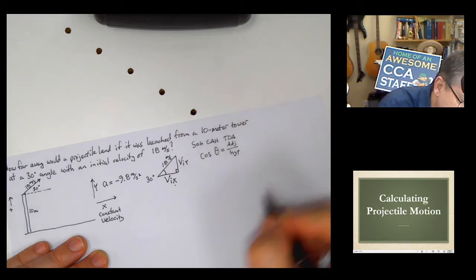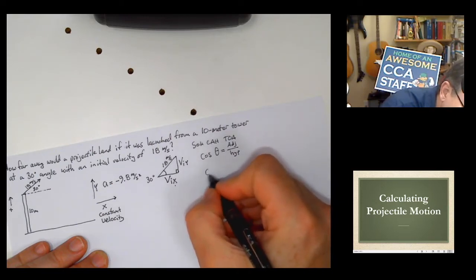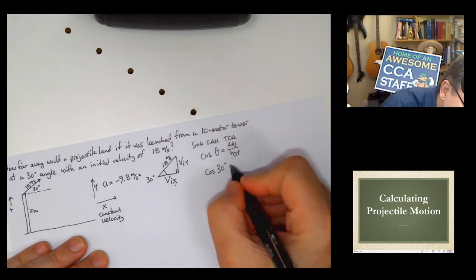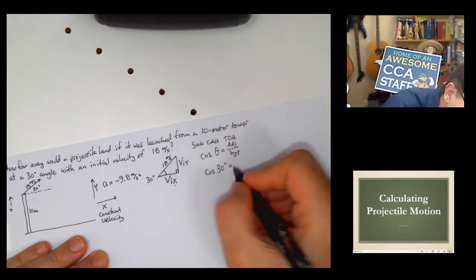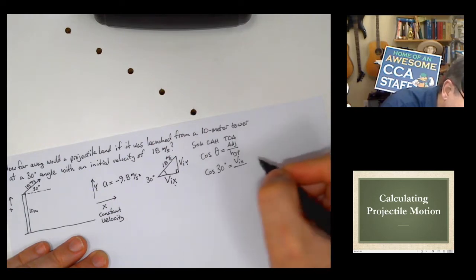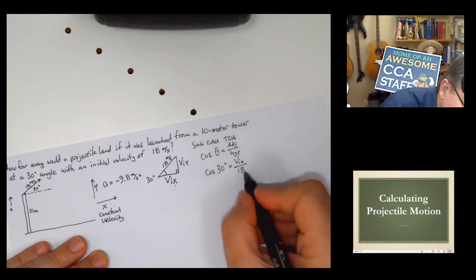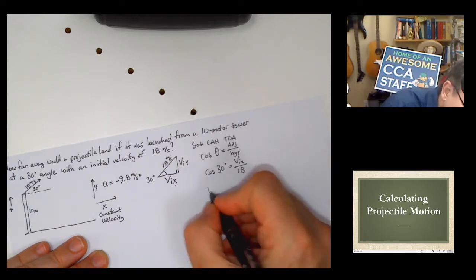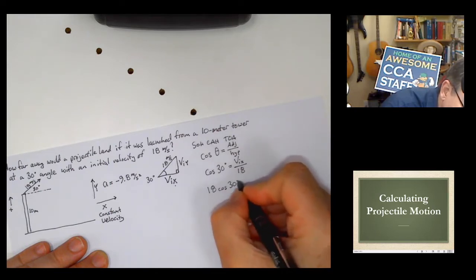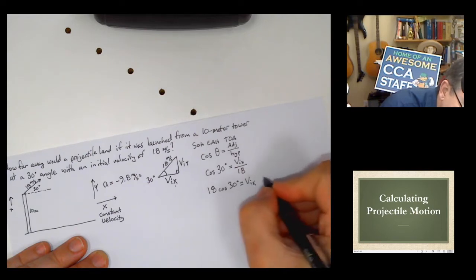Okay? So now we're going to put in the things we know and don't know. The cosine of 30 degrees equals the adjacent leg, that's what we don't know, that's our initial velocity in the x direction, over the hypotenuse, which we know is 18. So now we multiply both sides by 18, and we get 18 times the cosine of 30 degrees equals our initial velocity in the x direction.